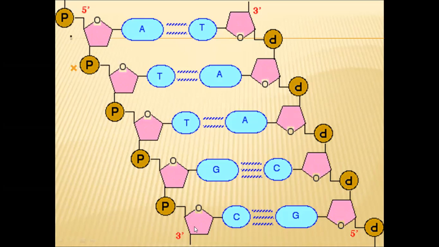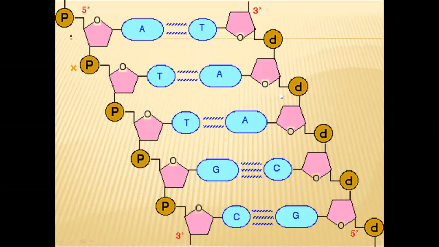In this way, this polynucleotide chain has 3 to 5 direction. Another polynucleotide chain also will be there, and this also will have 3 to 5 direction.